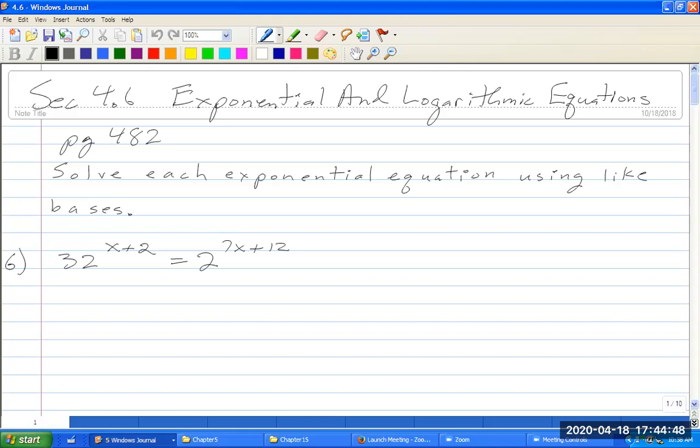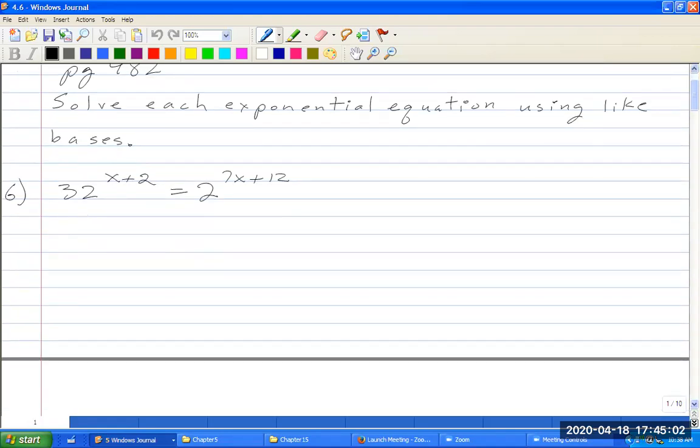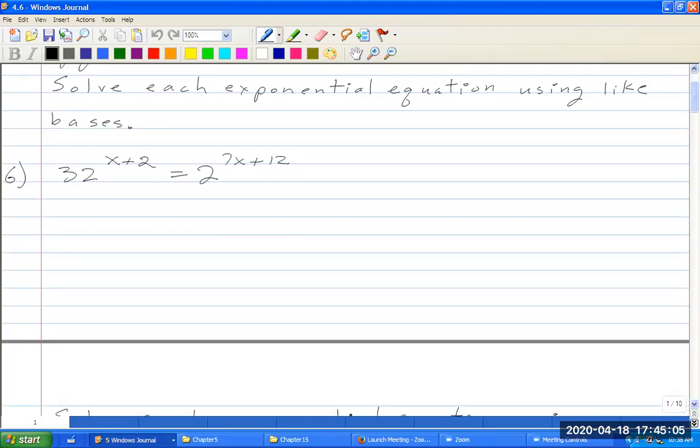Page 482. Solve each exponential equation using like bases. Problem number 6. 32 to the power x plus 2 is equal to 2 to the power 7x plus 12. I can write 32 as 2 to the power 5. And so I have a common base of 2.